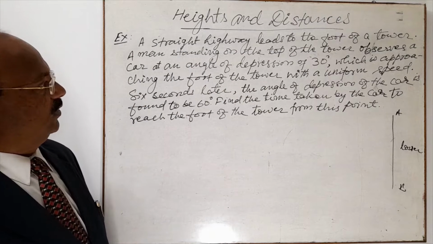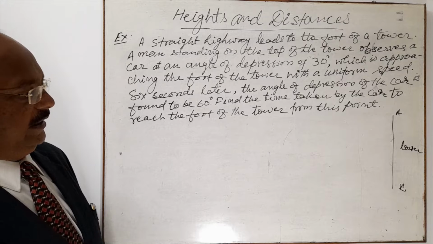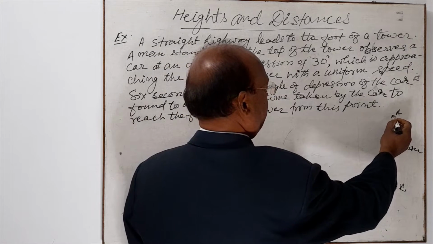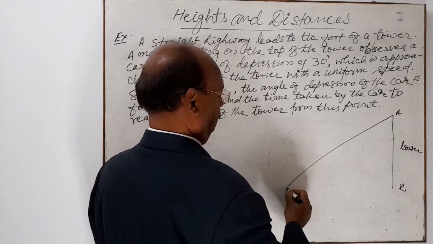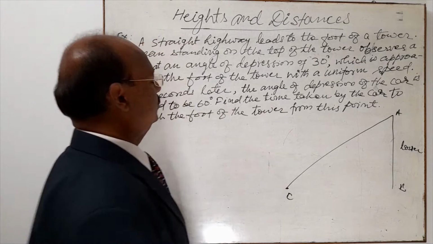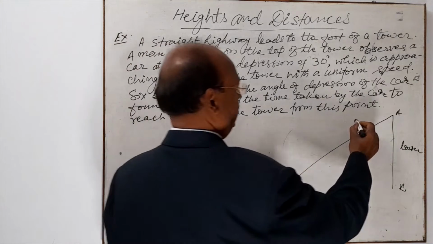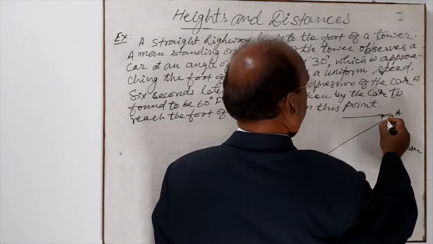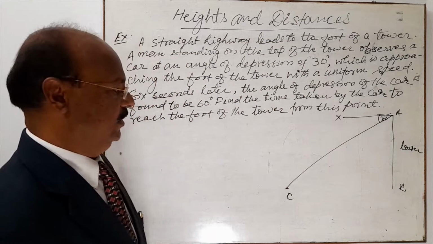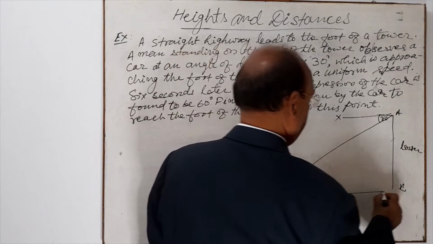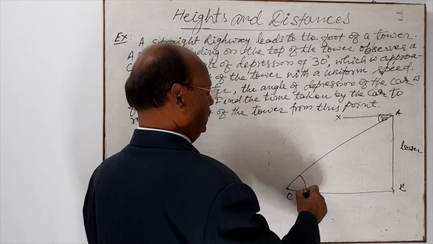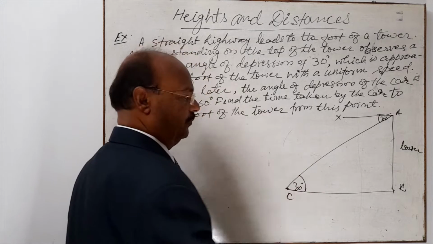And the position of the car at any moment is, suppose, at this point C, so this angle of depression is 30 degrees. At any moment this angle of depression is 30 degrees. Let us join C and B. So alternate angles are equal, so this angle is also 30 degrees.